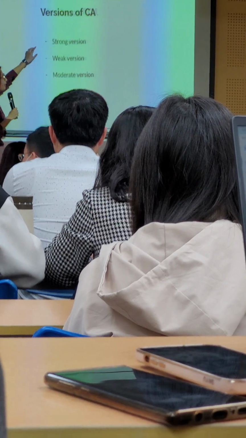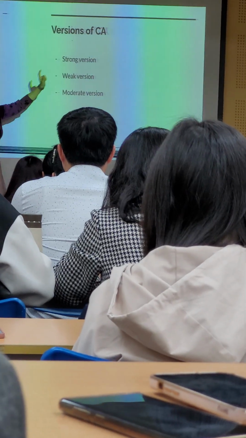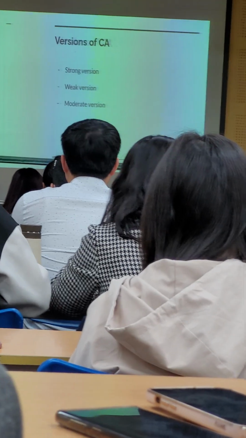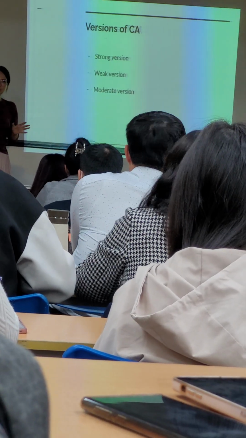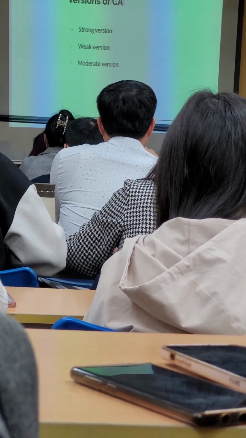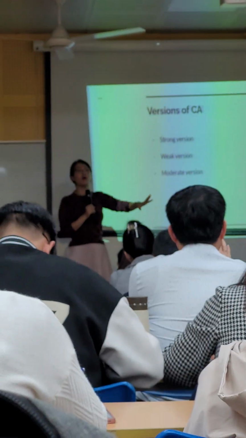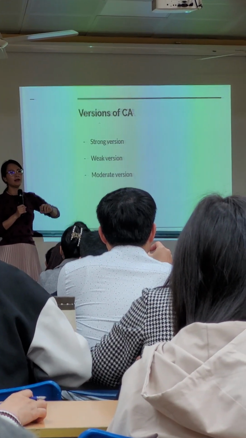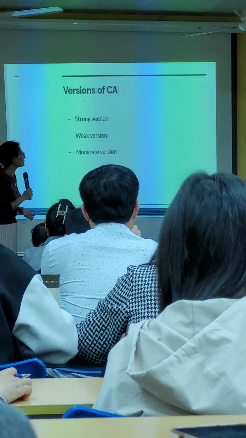So the strong version was at the very beginning of contrastive analysis, in which linguists and teachers already believed that just by comparing 2 languages, we can save the time of teaching the students. We already know what they will face as the problem and what will be easy for them.